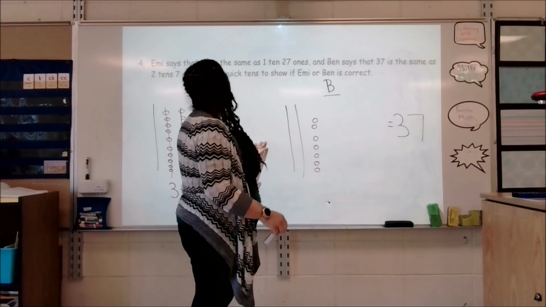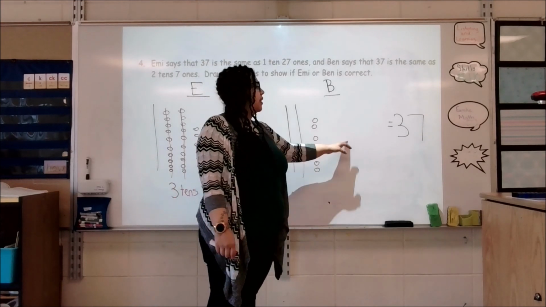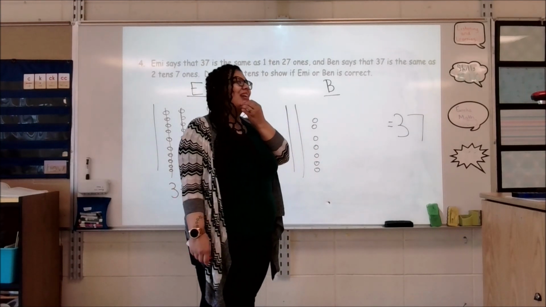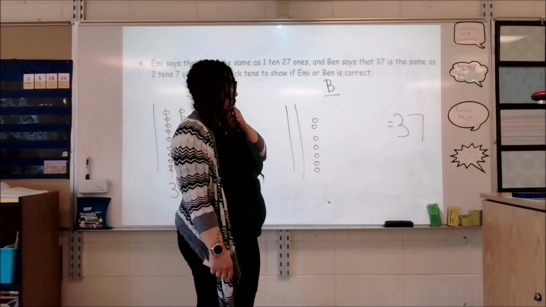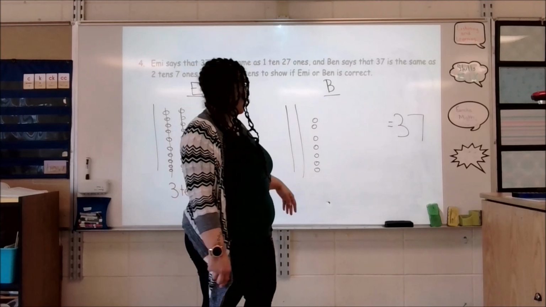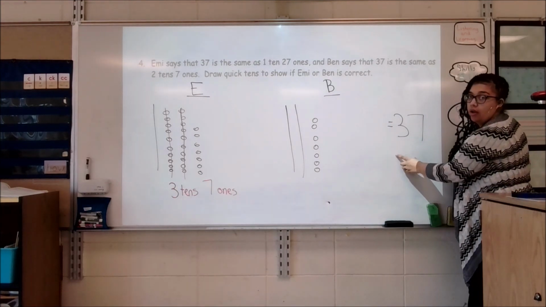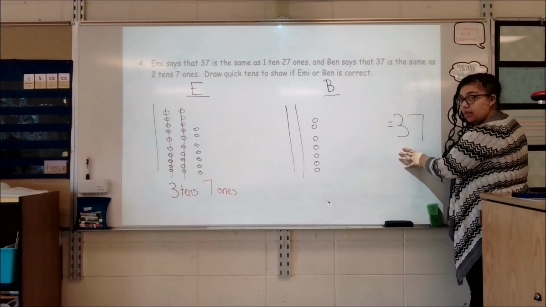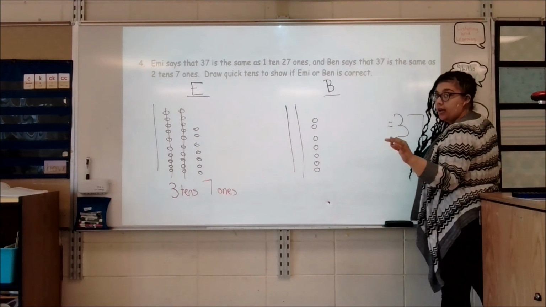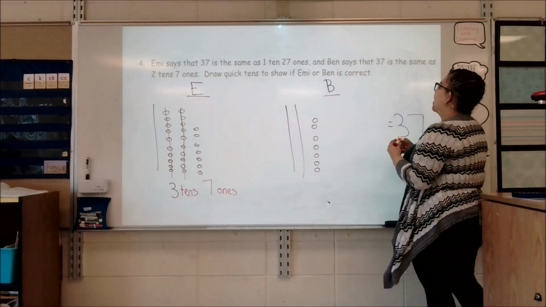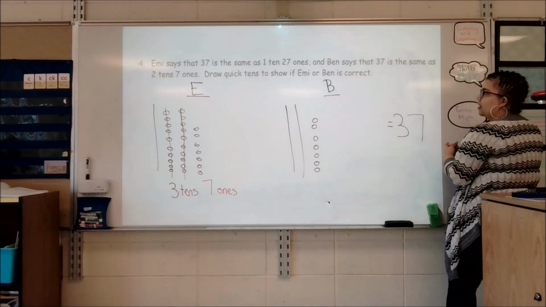Okay, let's look at Ben's picture. Ben said 2 10s and 7 1s is equal to 37. I don't know, man. I mean, it's a nice picture. But let's go ahead and just real quick draw 37 as 10s and 1s already grouped and see what matches.